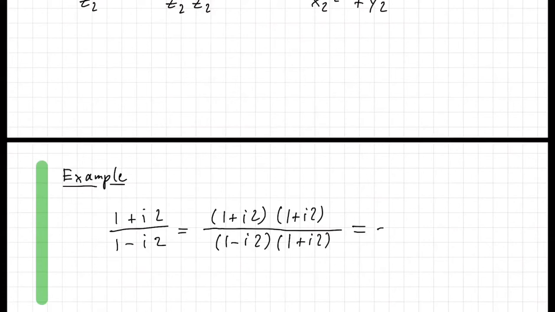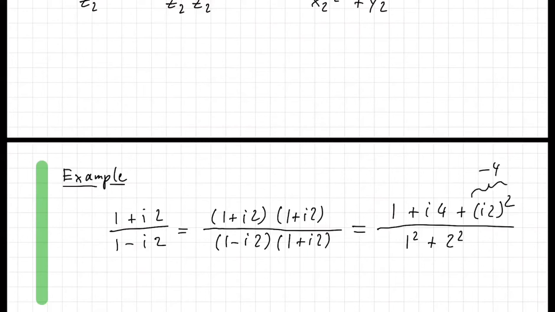Now for the denominator, we get 1 squared plus 2 squared. And for the numerator, we simply have (1 plus 2i) squared. And that gives me 1 plus 4i plus (2i) squared, which is, because i squared equals -1, -4.